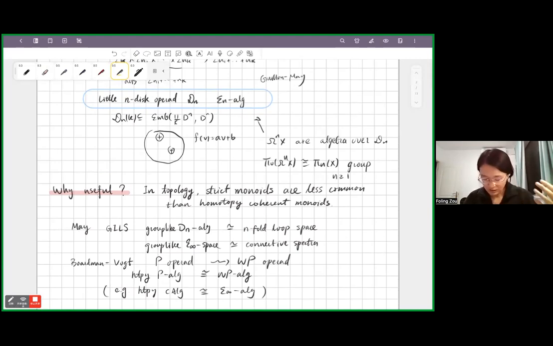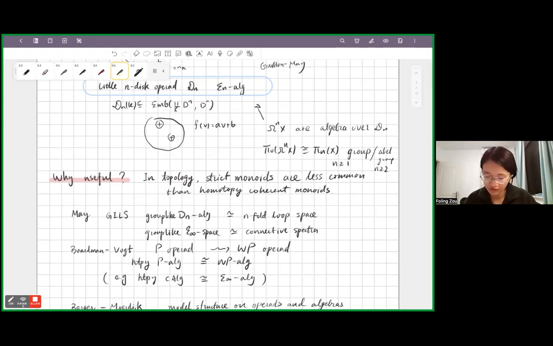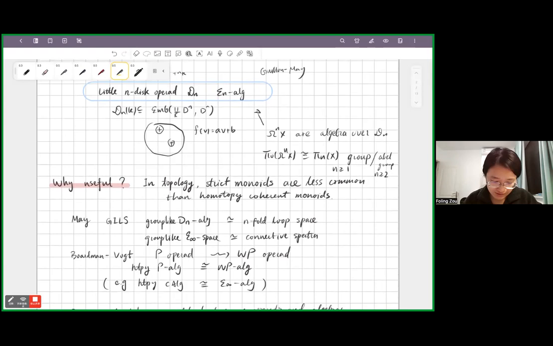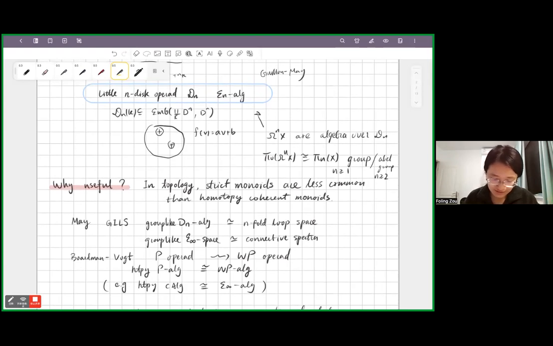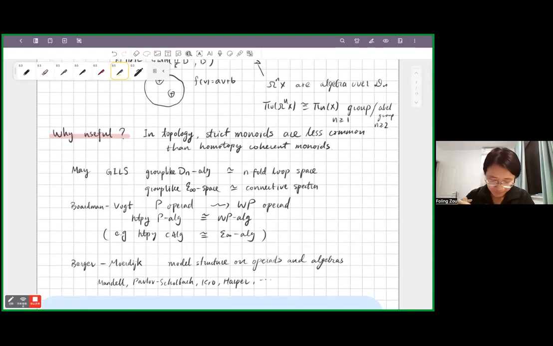But the commutativity of this group, being an abelian group, only happens if n is greater or equal to 2, whereas on the space level, we do not have strict commutativity for all n. We only have homotopy coherent commutativity. So this little n disks operad tells us exactly how commutative this concatenation of loops is behaving.